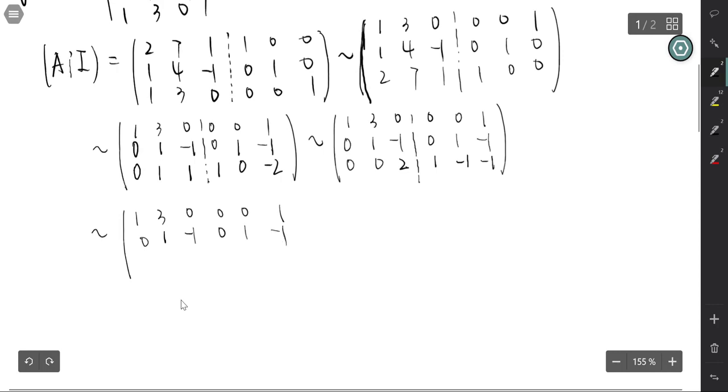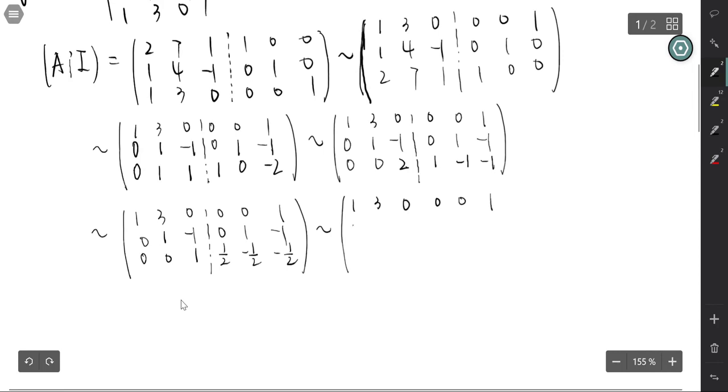These two rows are not changed. And 0, 0, 1, that's 1 half, negative 1 half, negative 1 half. And then the second row, subtract the third row.